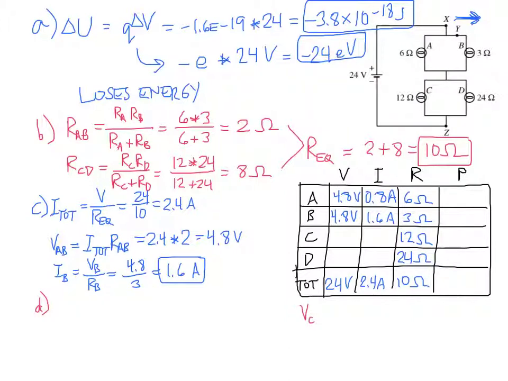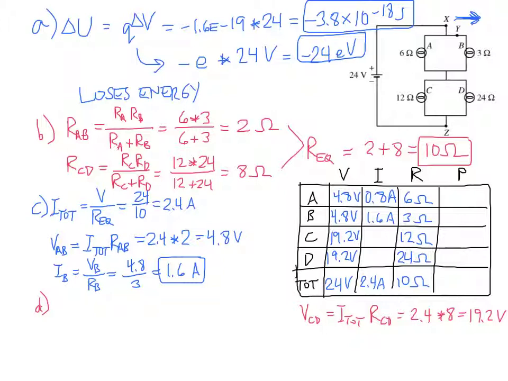The voltage across C and D is equal to that total current times the equivalent resistance of just C and D, which is 2.4 amps times 8, and that is equal to 19.2 volts.